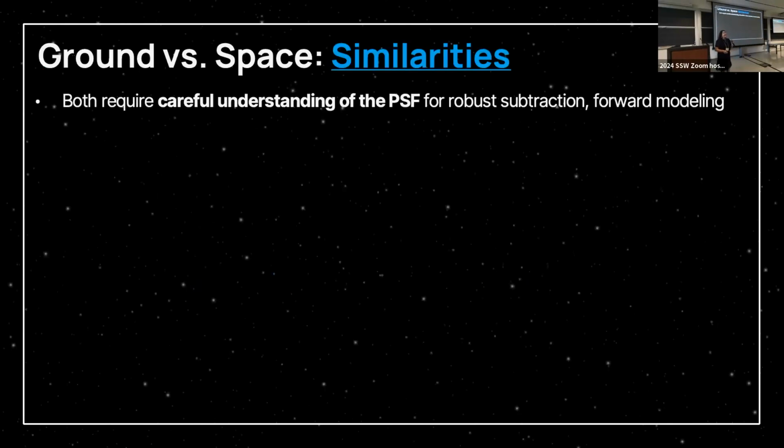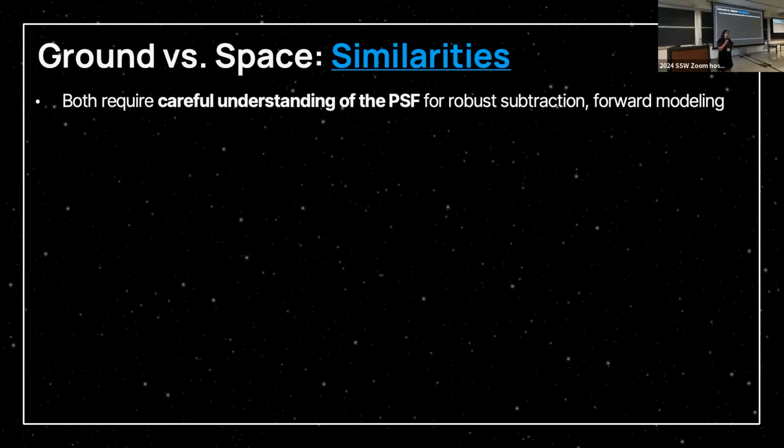The first similarity that I'll mention is that we need a careful understanding of the PSF for robust starlight subtraction, and also to be able to forward model the PSF of our companion of interest and extended sources like disks. We need to understand the optical properties of the telescope really well.